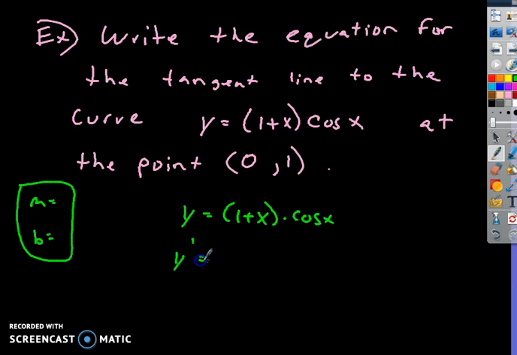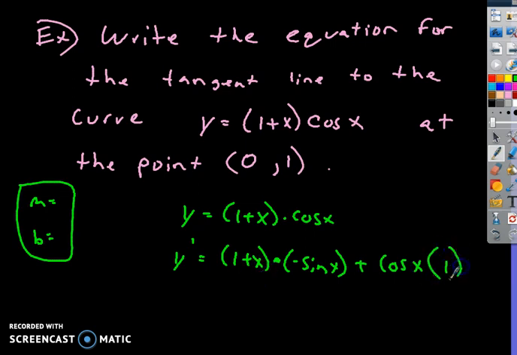So the derivative is the first function times the derivative of the second function plus the second function times the derivative of the first. So this is more neatly written as negative sine of x subtract x sine of x.